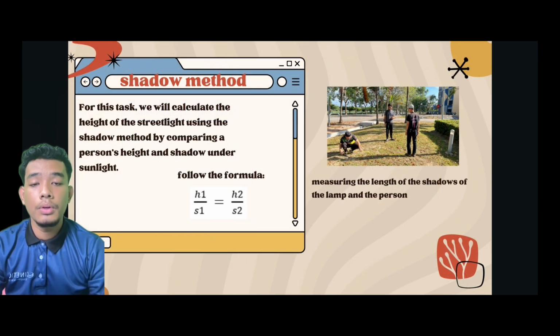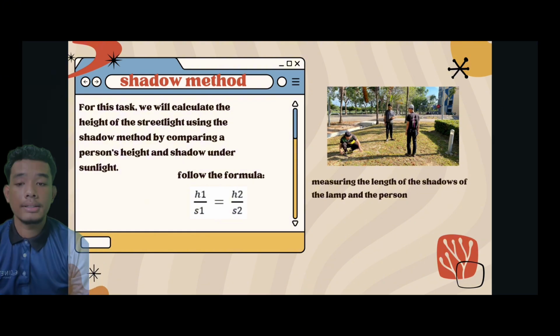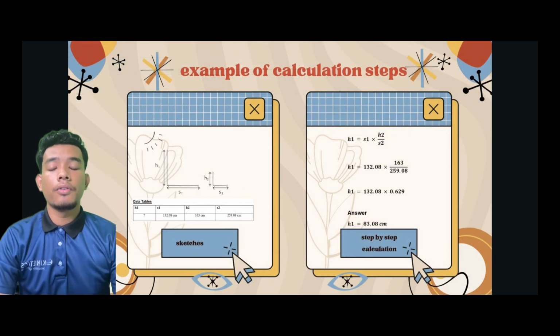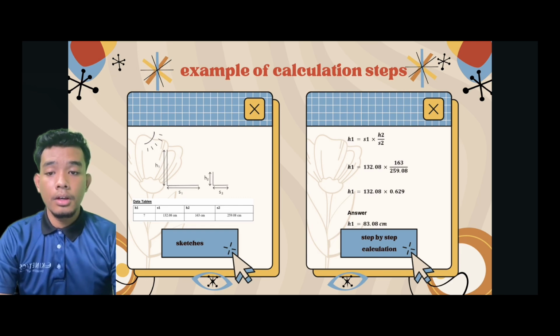Method: we will calculate the height of the lamp post using the shadow method, by comparing a person's height and shadow under sunlight. Beside this is an example of the work image. For the example calculation steps, you can see them on the sketchboard.